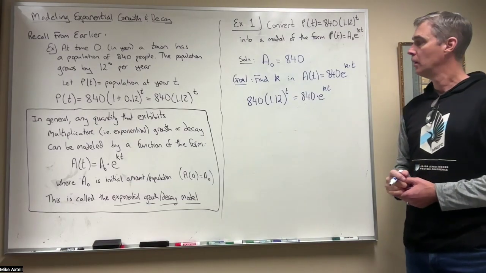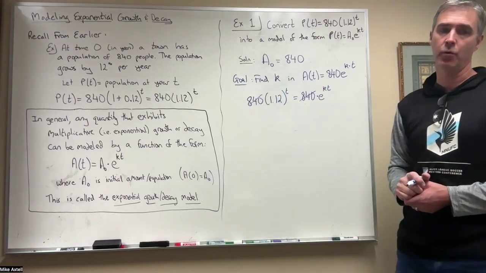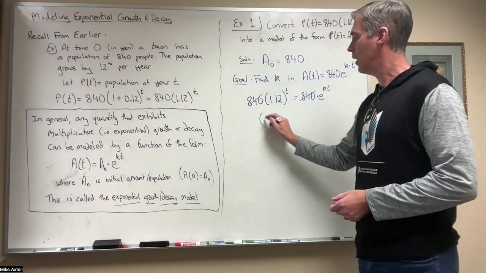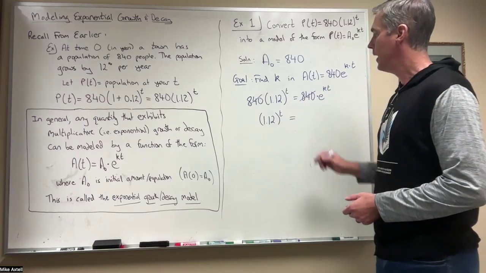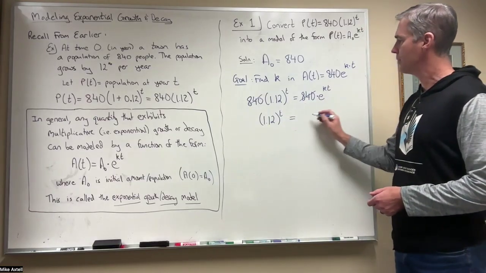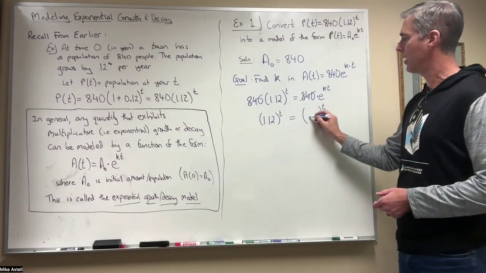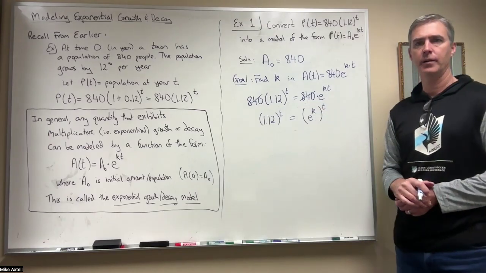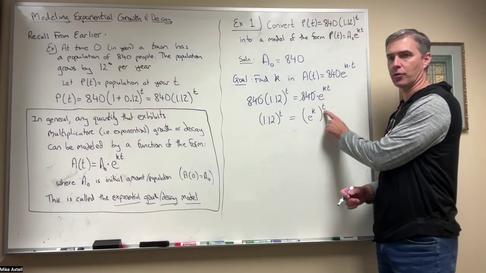So I can divide both sides by 840. On the left, I'm left with 1.12 to the t. On the right, k times t, I could split up into a t power on the outside and e to the k on the inside, because remember, if I have e to the k raised to the t, I multiply the powers back together.